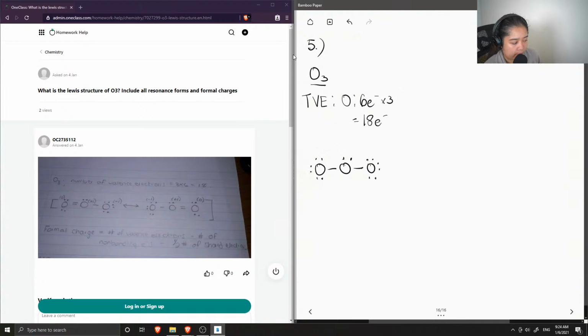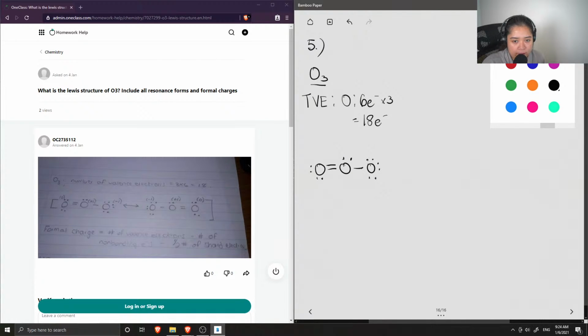Okay, so now notice that the central oxygen doesn't have a full octet. So I'm going to bring one of the electrons down from one of the terminal oxygens. And now let's look at what we have. All of the oxygens have a full octet.